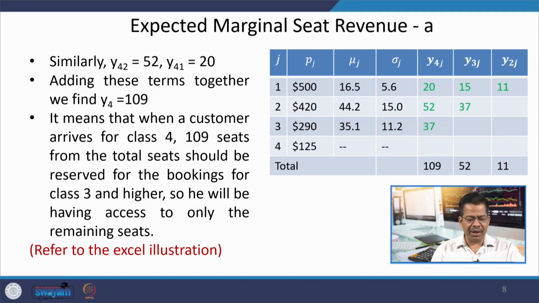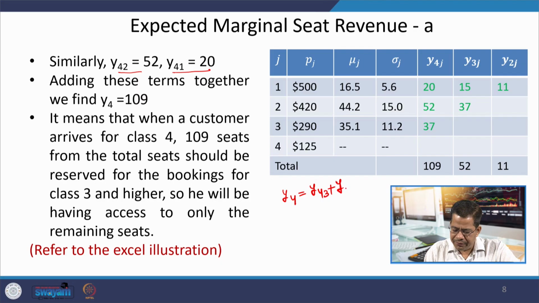You can similarly calculate the values of Y 4 2 and Y 4 1 in Excel, and that will give you the values of Y 4 equal to Y 4 3 plus Y 4 2 plus Y 4 1, and that is 20, 57, 37. This is Y 4 3, this is Y 4 2, this is Y 4 1. Similarly, I request all of you to do these calculations on your own.